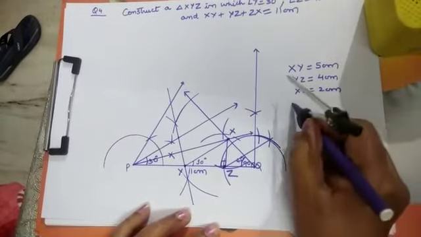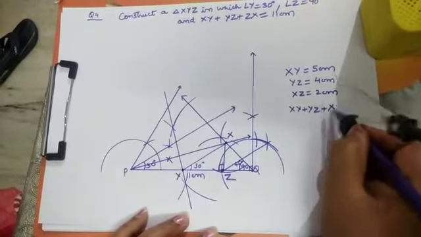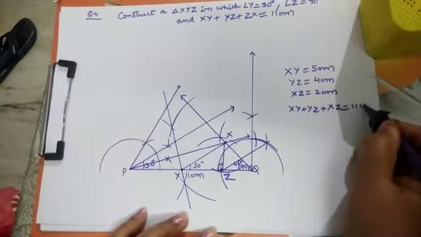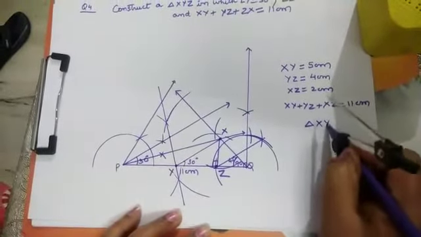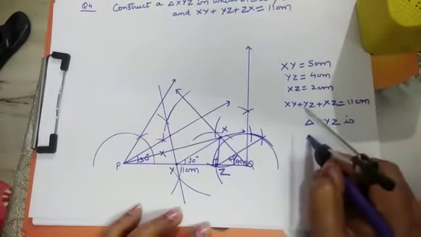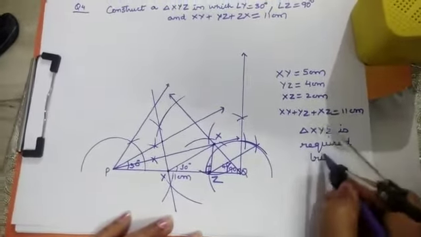That gives XY plus YZ plus XZ as 11 centimeters. So XYZ is the required triangle.